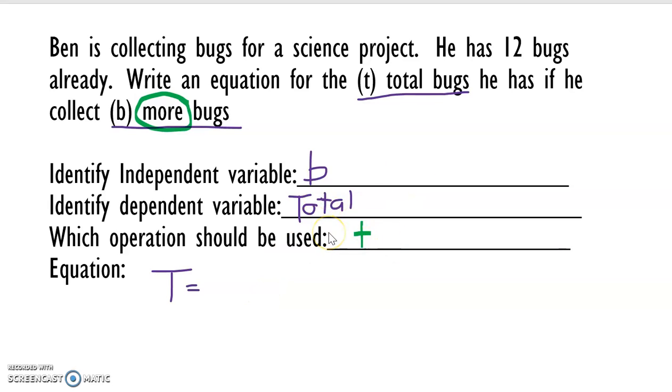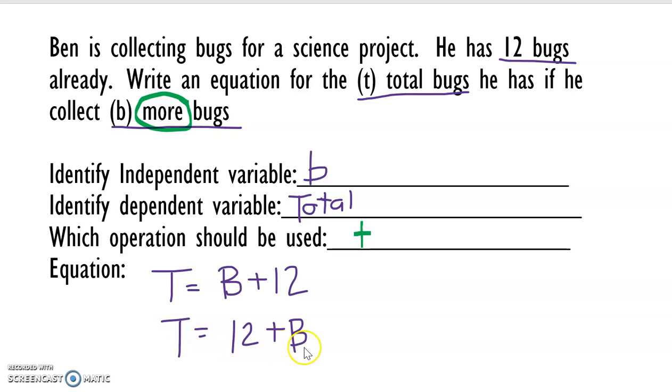Because this one is adding, the order won't matter, so I can put it as B plus the 12 that I start with, or I can write this as 12 plus B. Either order would be okay because addition is commutative and the order does not matter.